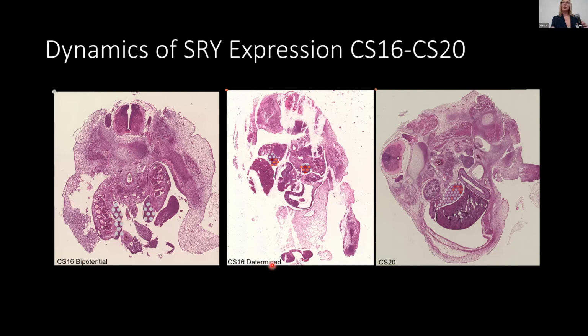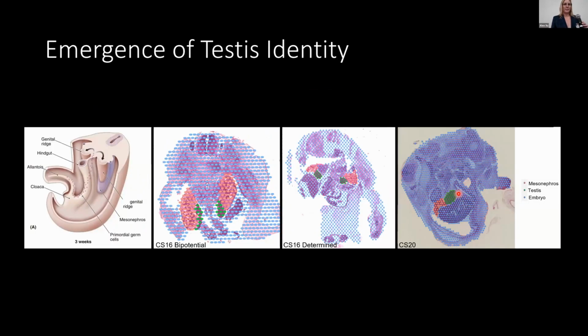As we move into the determined gonad, where we start to see SOX9, we can begin to see SRY expression within this region of the embryo. And then at the Carnegie stage 20, the day 41 testis, we can begin to see SRY turning off. So this dynamic is absolutely expected for the way sex determination occurs in an XY embryo.